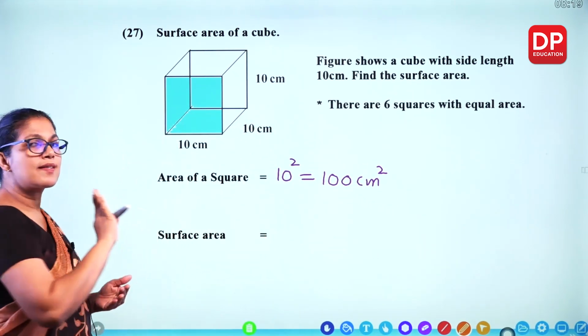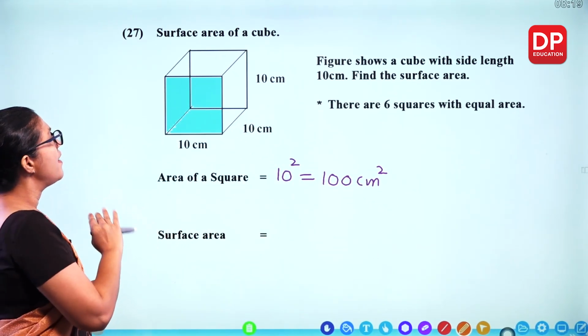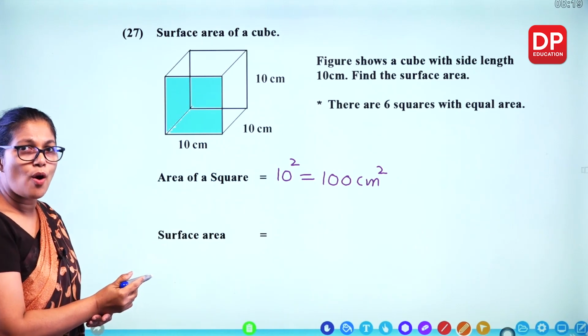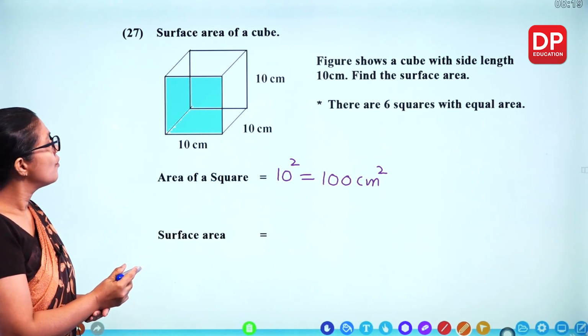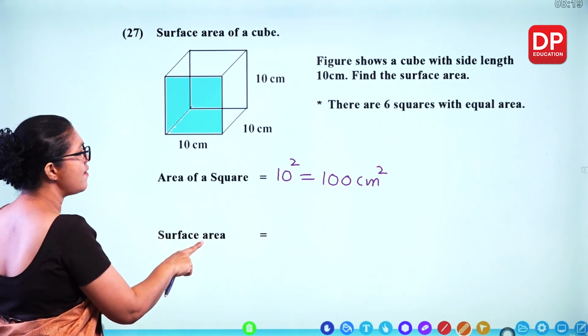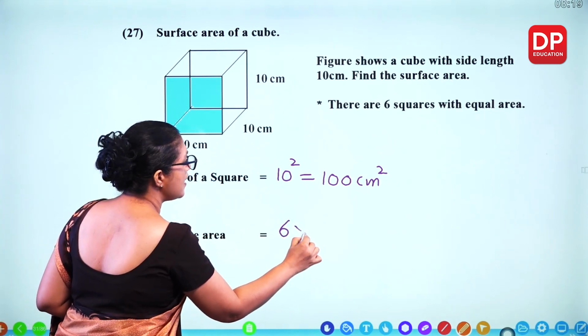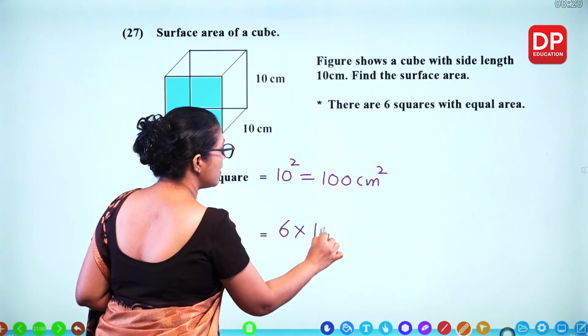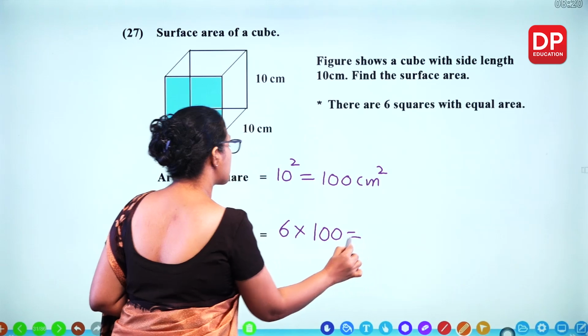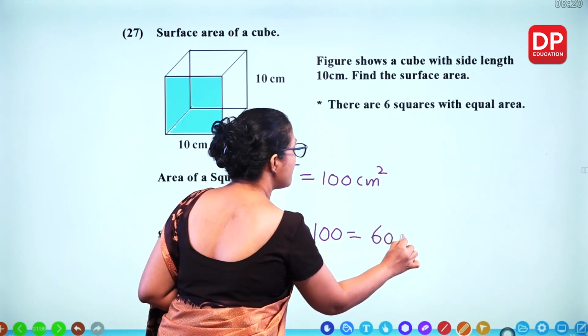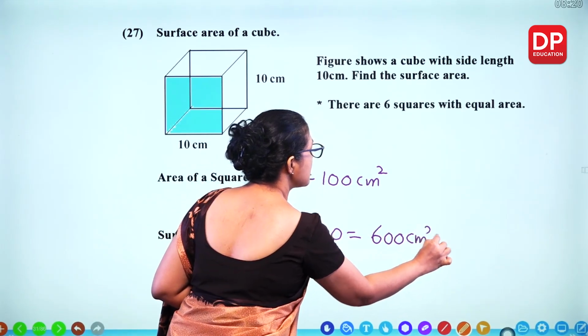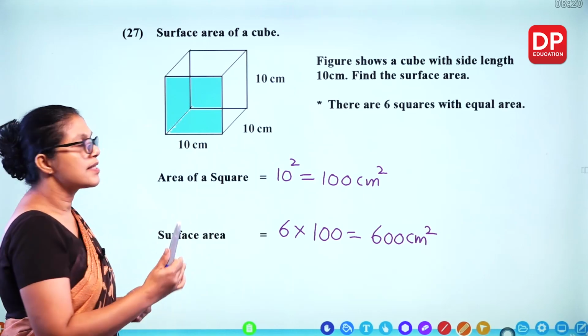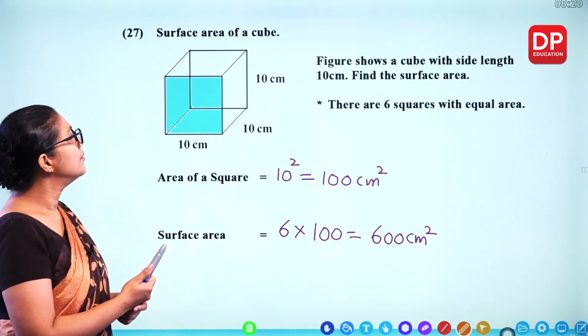You get 6 same-area squares around this figure. So how do you find the surface area? We multiply the area of one square by 6. So you get 600 square centimeters as the surface area of the cube.